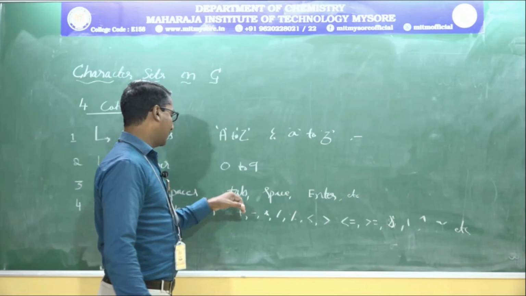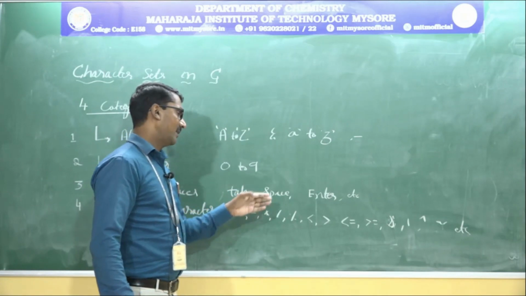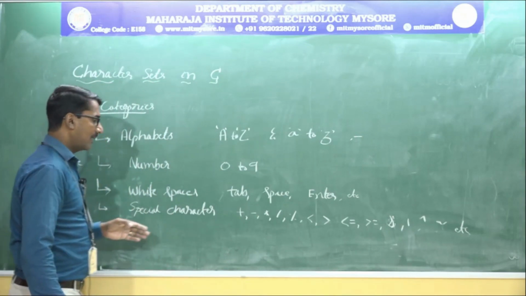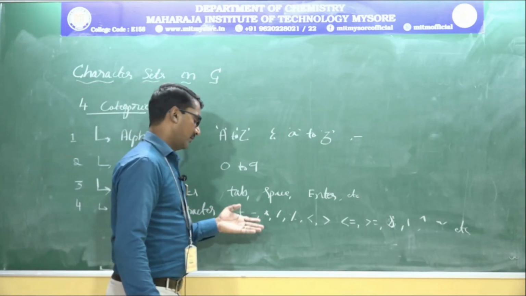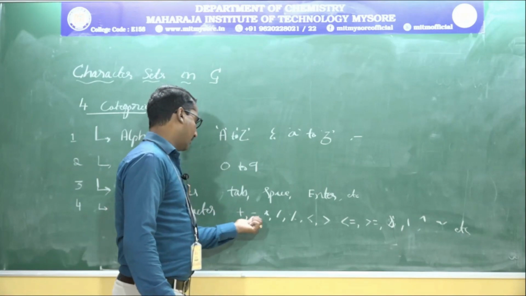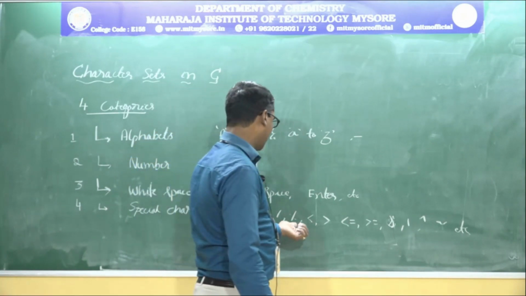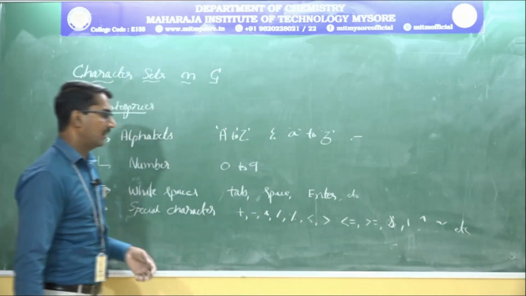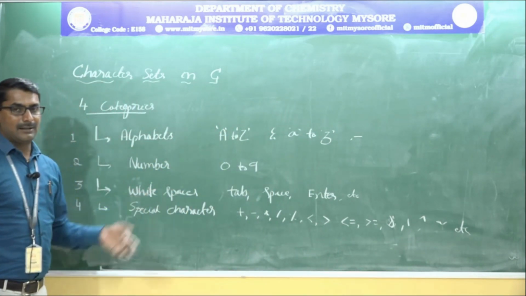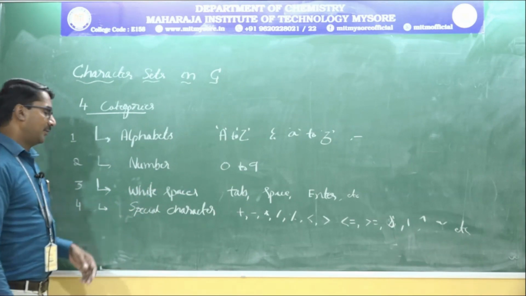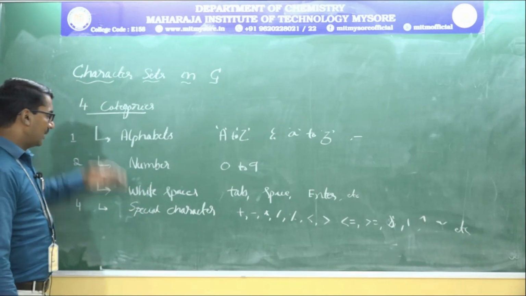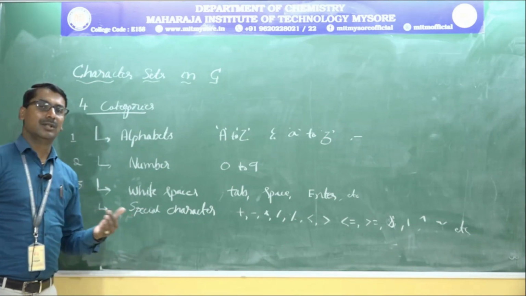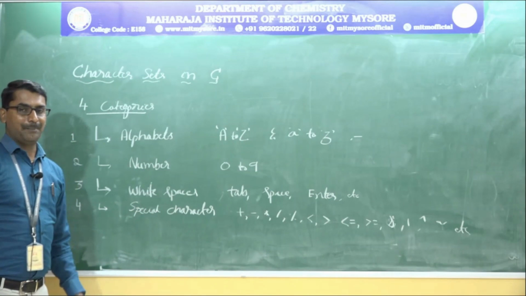White spaces are tab, space, enter, etc. The special characters are the operators: plus, minus, star, division, modulus, less than, equal to, ampersand, pipe symbol, cap symbol. Other characters belong to the special character set. So we use these alphabets, numbers, white space, and special characters to make a program.